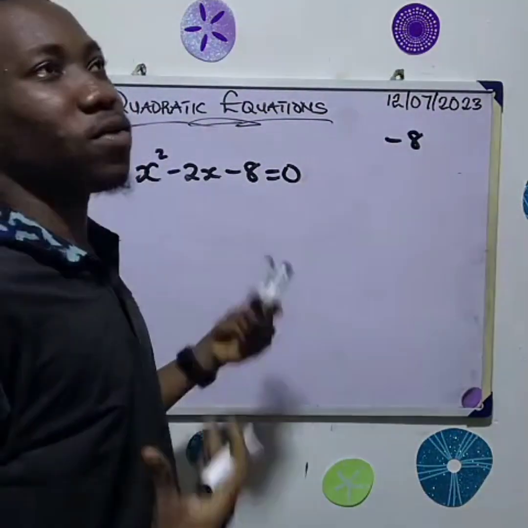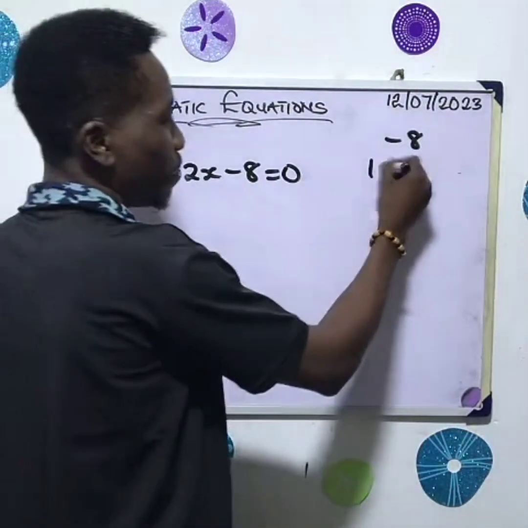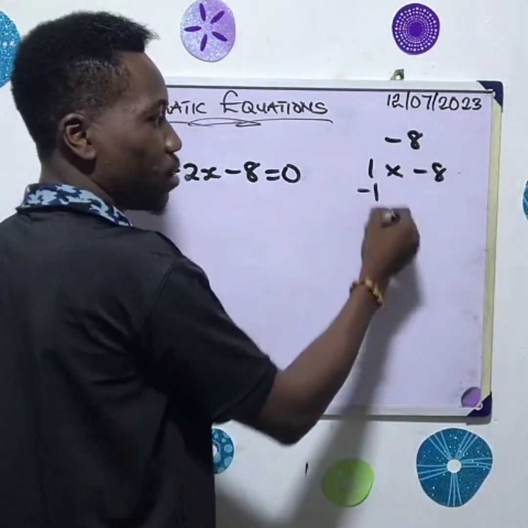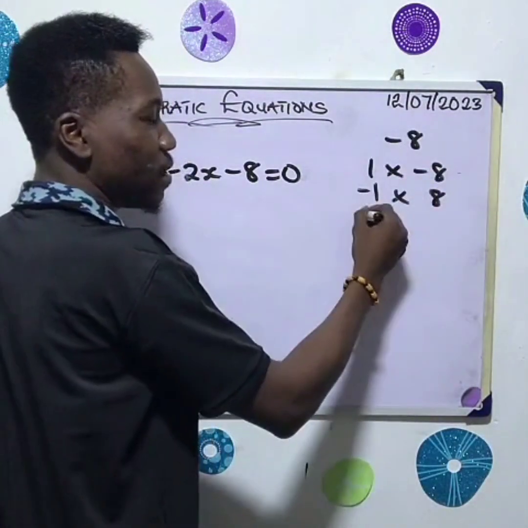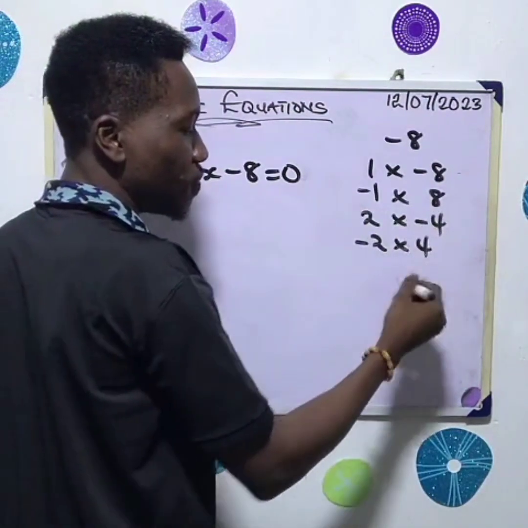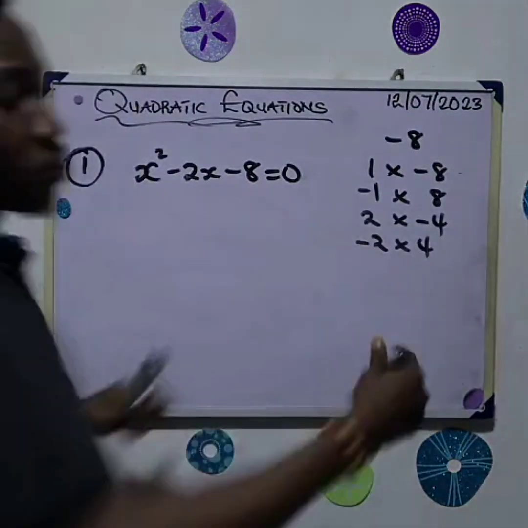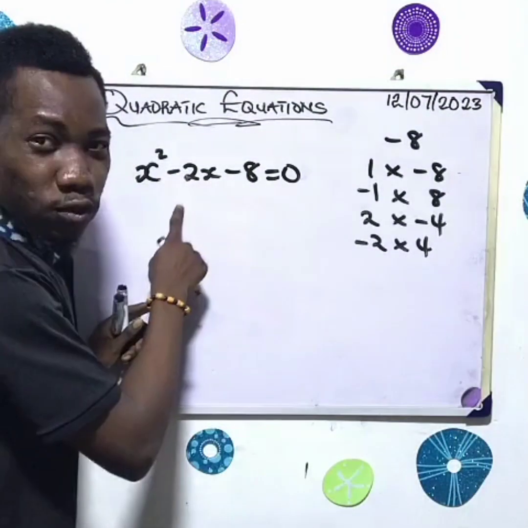So what are the factors of minus 8 that when multiplied will give you minus 8? 1 times minus 8, minus 1 times 8, 2 times minus 4, minus 2 times 4. Any other one? No. Alright? So which of these will sum up to give you minus 2?